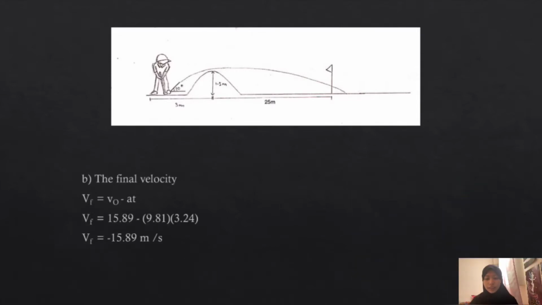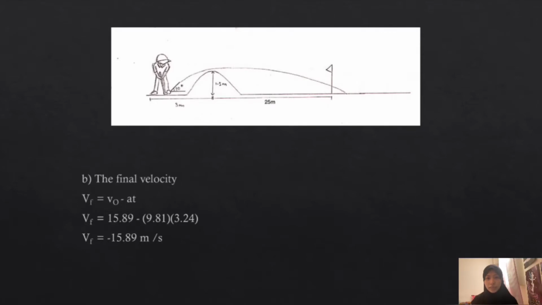Then the final velocity we can calculate by using the formula that we used in the first question just now. We use vf equals v initial minus at. The v initial is the same as calculated by Lydia, which is 15.89, minus the gravity acceleration times t.